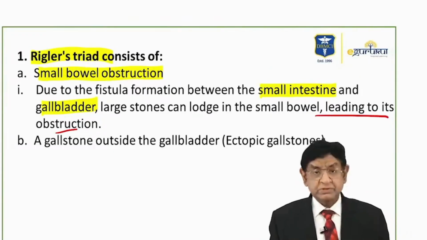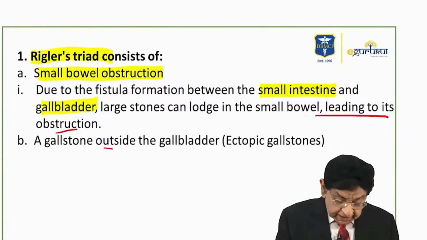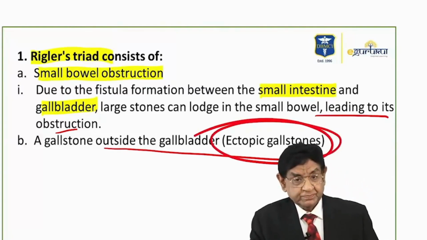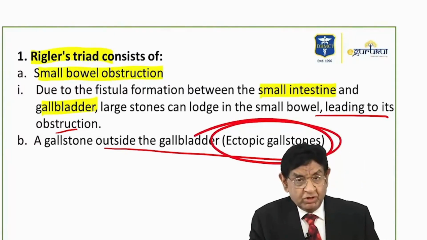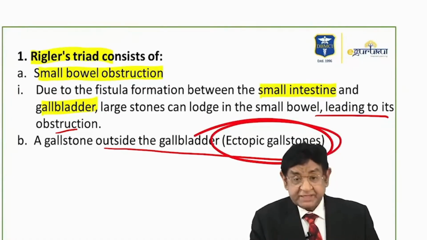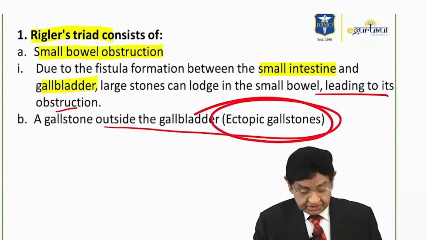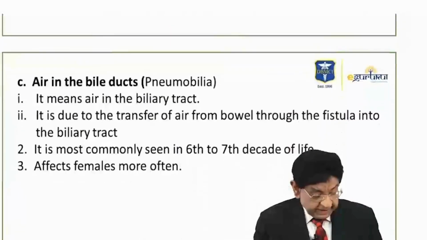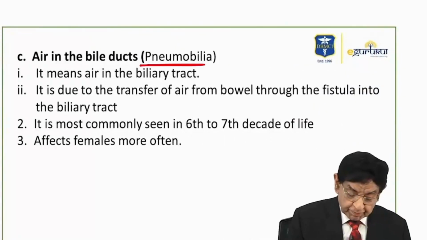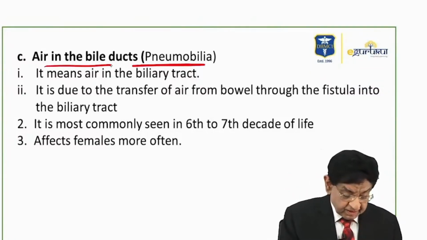Number 2, something very interesting, stone can be even outside the gallbladder, ectopic gallstone. It has gone out. Anyway, remember ectopic gallstone. And air in the bile duct, so-called pneumobilia. Air in the bile duct.